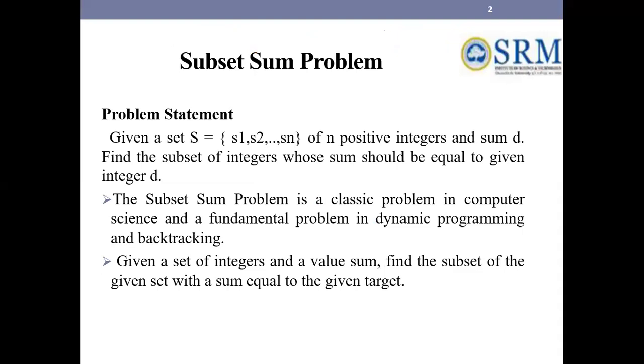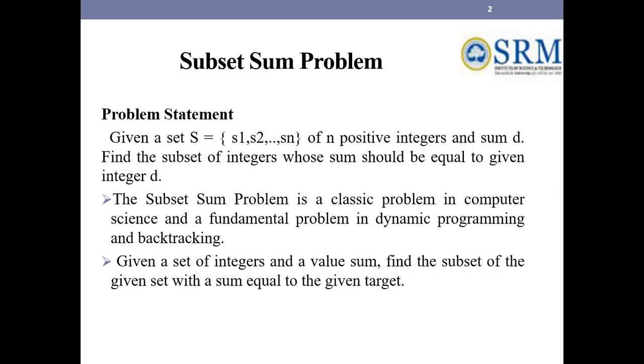Given a set of n positive integers and a sum D, the problem is to find a subset of integers whose sum is equal to the given target D. D is also an integer.